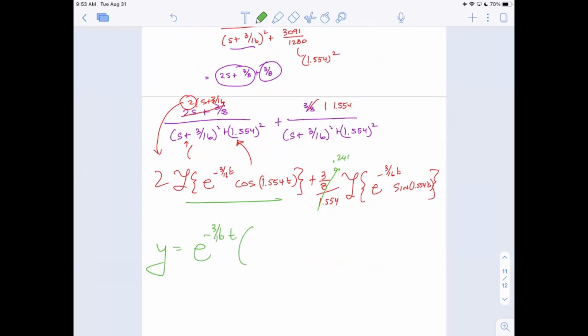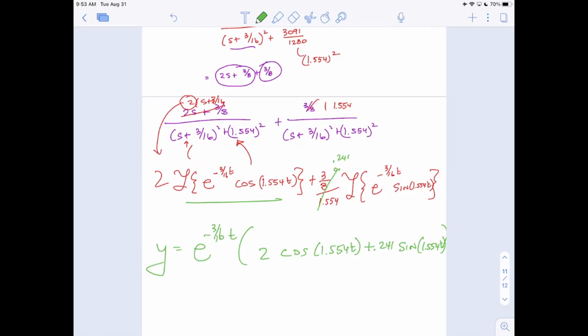Let's take it out of both of them, and that leaves 2 cosine 1.554 t plus 0.241 sine of 1.554 t. So I think that's right.